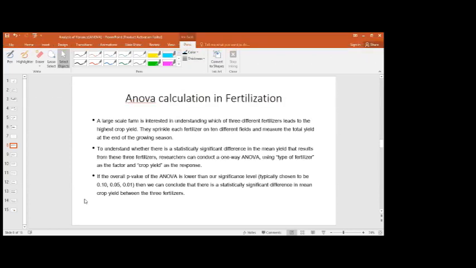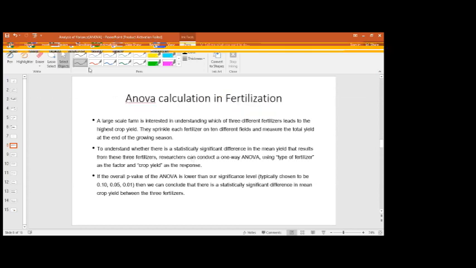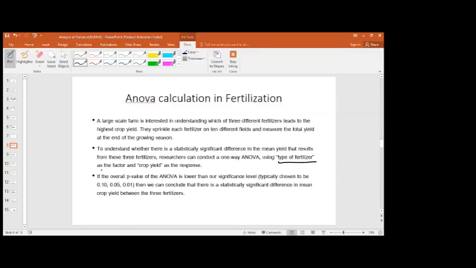To understand whether there is a statistically significant difference in the mean yield that results from these three fertilizers, researchers can conduct a one-way ANOVA using type of fertilizer as the factor and crop yield as the response. So here is the factor and here is the response.